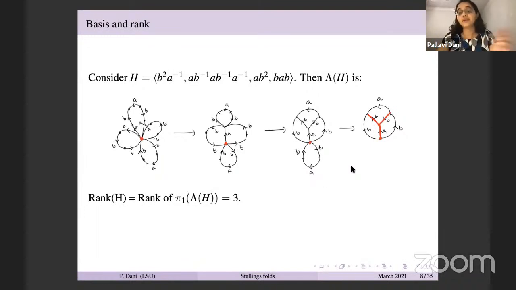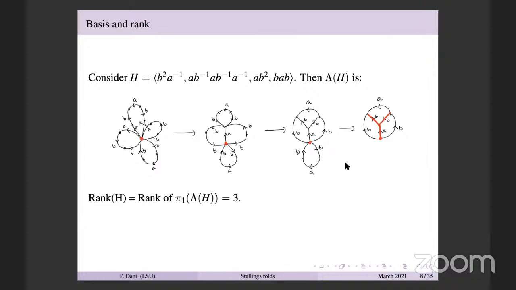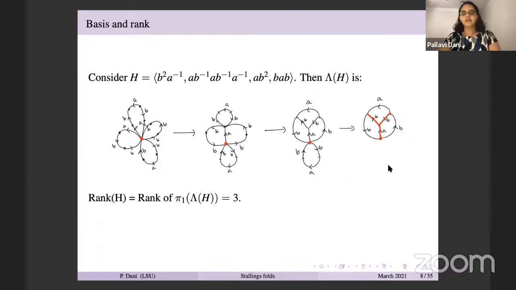But in general, no, it doesn't have to be from the set. So it's just an alternate subset which freely generates the whole of H but has the minimal number required to generate H. Exactly. Exactly. Okay. Thanks. Right.